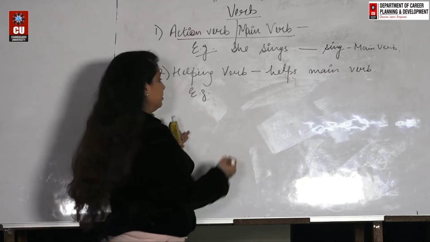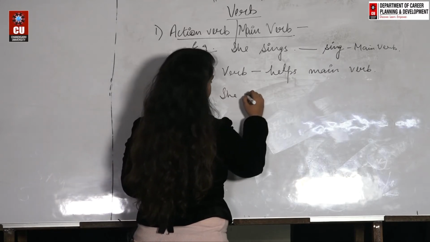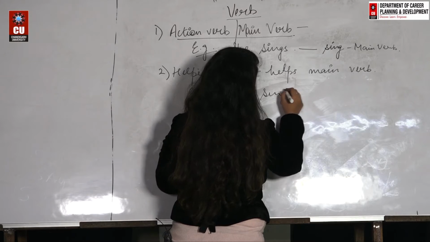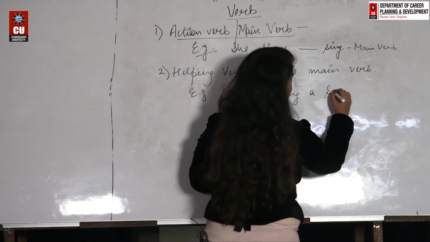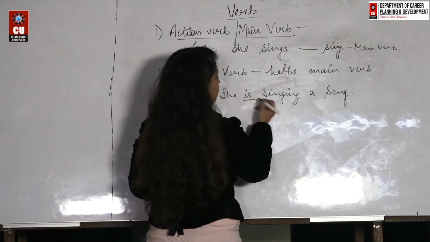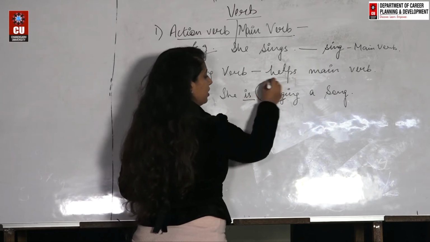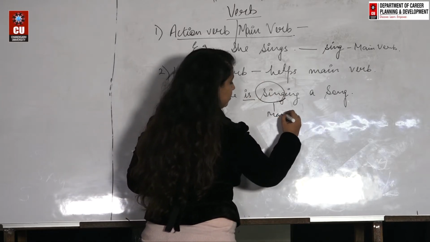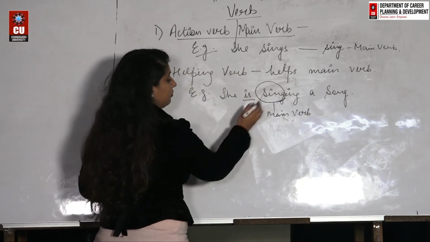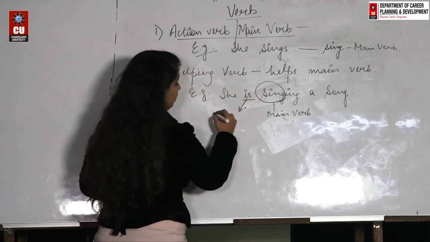Now for example, she is singing a song. In this sentence, sing is again the main verb, and is is supporting the main verb. Then we call it a helping verb.